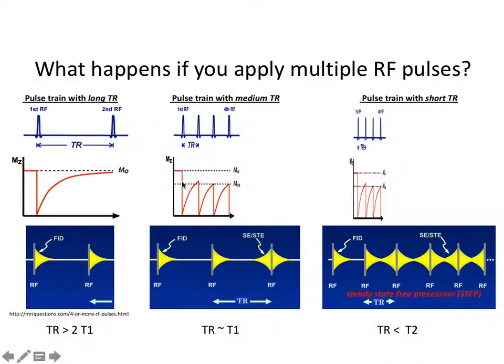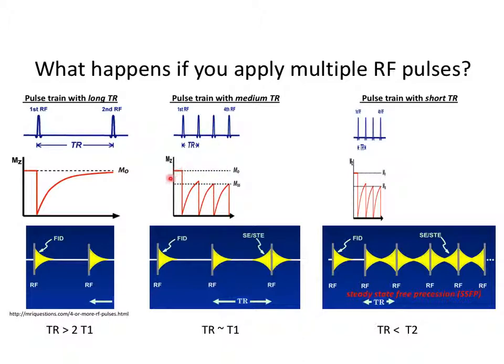Then we see that the magnetization doesn't recover to its full M0 value by the time the next RF pulse comes along. So our first RF pulse, we start with magnetization at its maximum value M0, it goes to the transverse plane, and then it recovers back. Then we apply another pulse before it's fully recovered, and we get the free induction decay. It recovers back, and before it gets back to M0, we apply another RF pulse and use that.